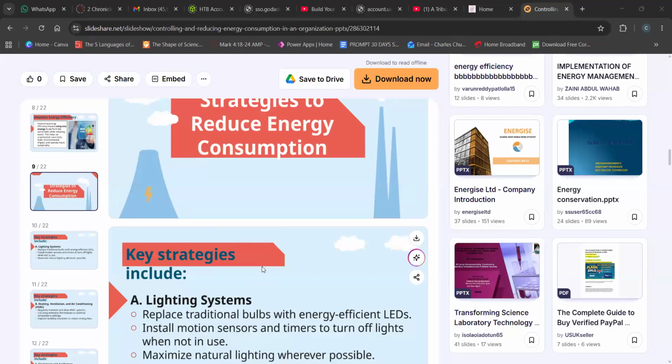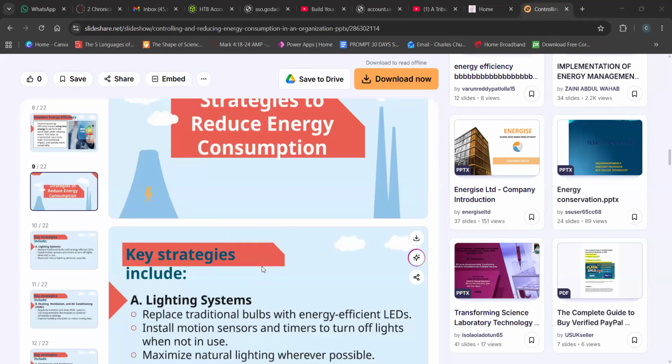The first one that relates to lighting systems is to replace traditional bulbs with energy efficient LEDs. Those do not consume a lot of energy, and the lights are brighter, whereas the traditional bulbs consume a lot of energy but give off yellow light.